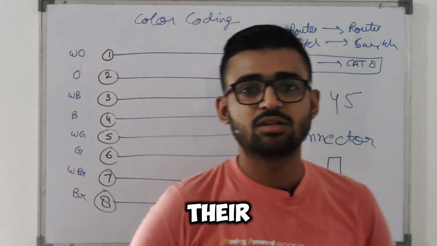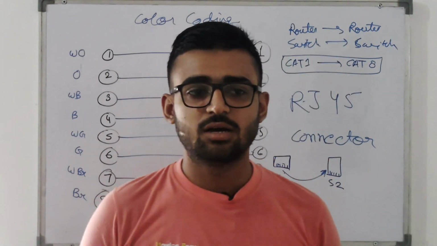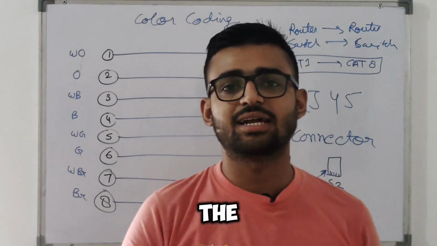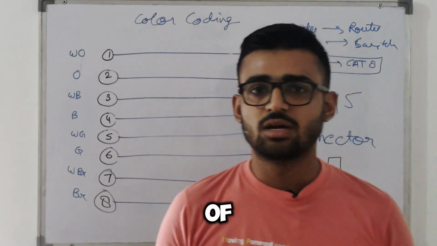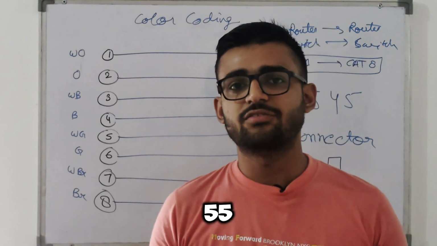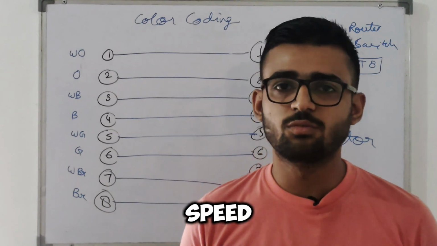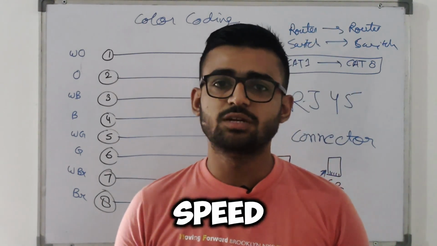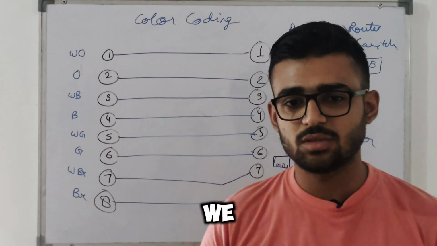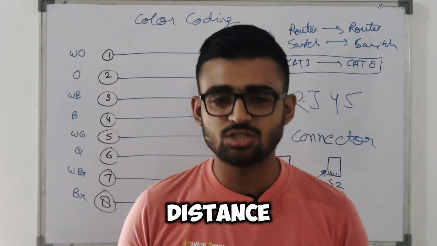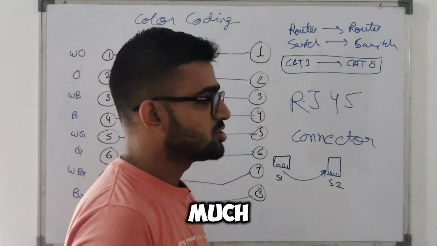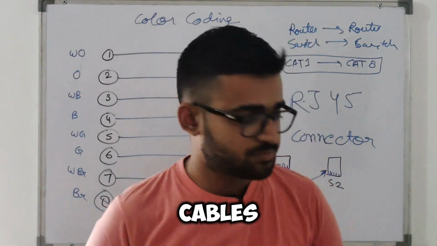Different cables have different speeds and different ranges. If you talk about the CAT6 cable, it provides a speed of 10 Gb per second up to 55 meters. If we increase the range of the cable, then the speed will be slower, and if we shorten the distance of this cable, then the speed is faster. Generally it depends on how much we extend the cables.